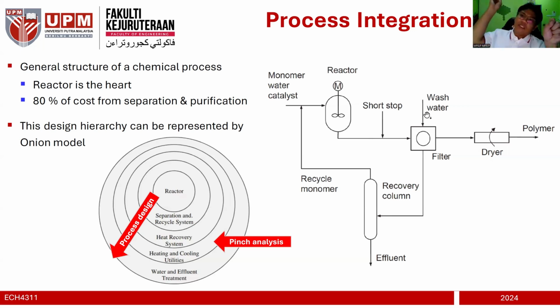Basically, you wash the polymer solid to make sure that the unreacted monomer, water and catalyst go back. It happens in the filter, and then you recover the unreacted monomer and cycle it back. Then you have water here, which becomes effluent, and this also needs to be treated.